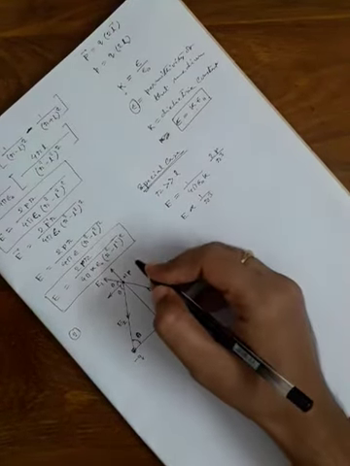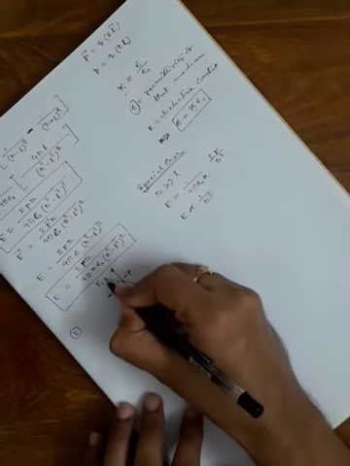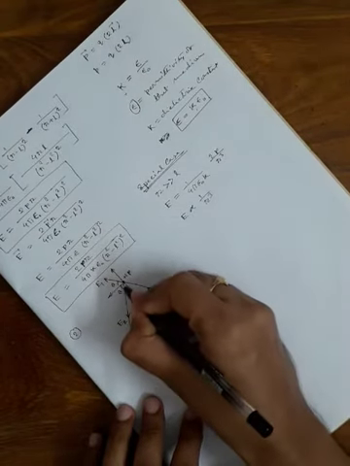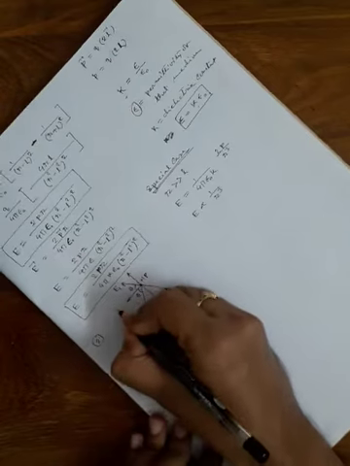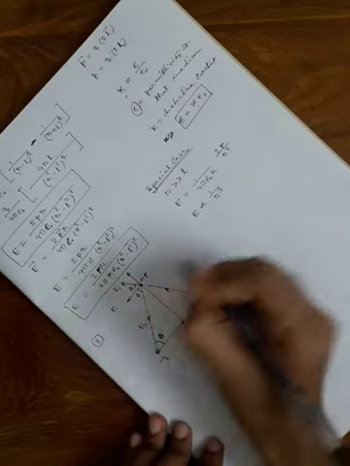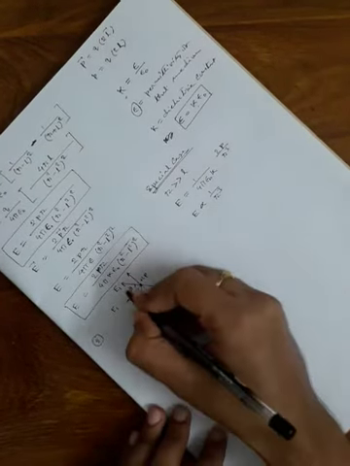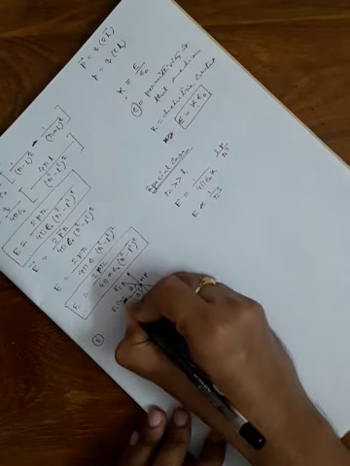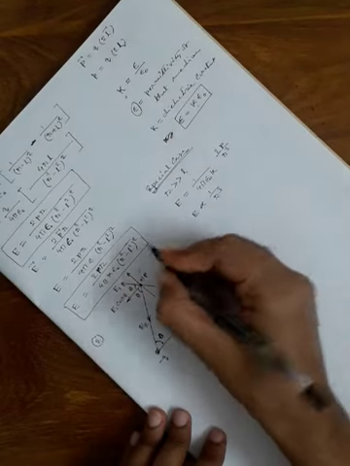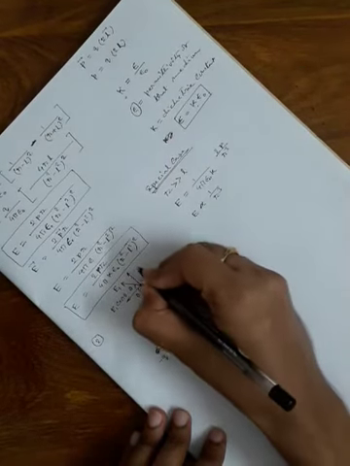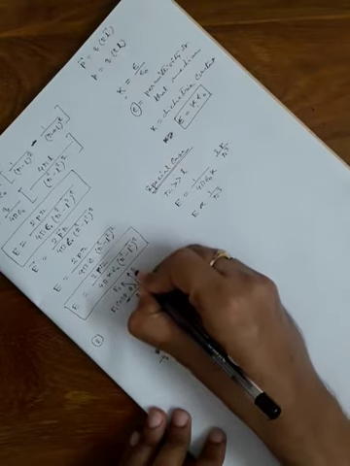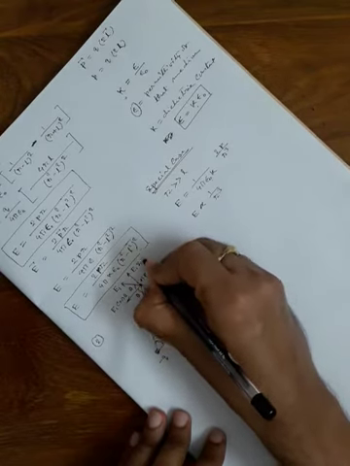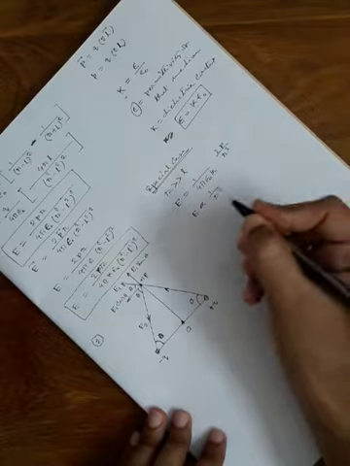Now, the component of E1 along this direction is E1 cos theta, and along this direction will be E1 sin theta.